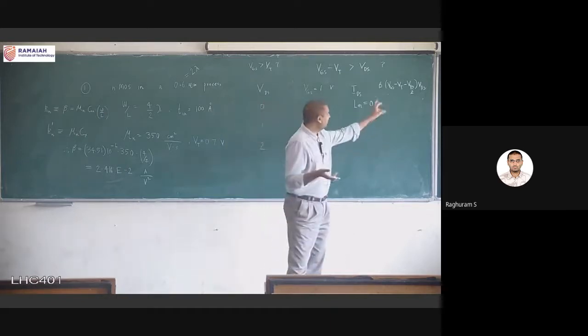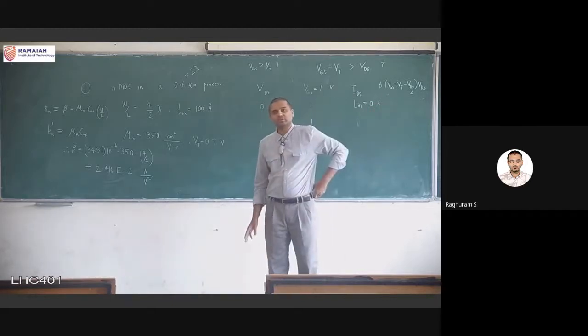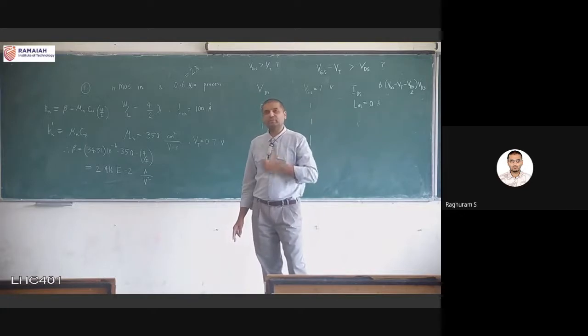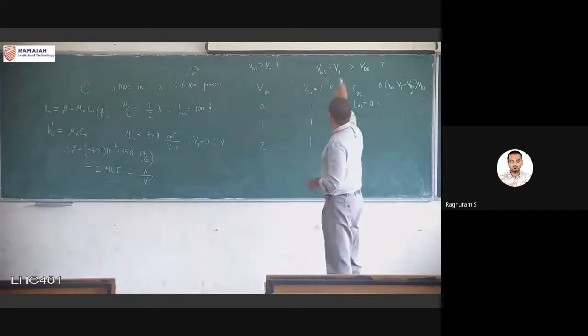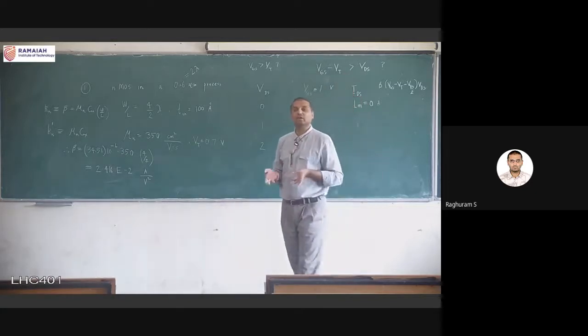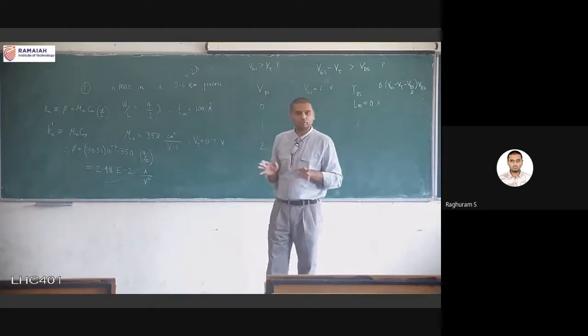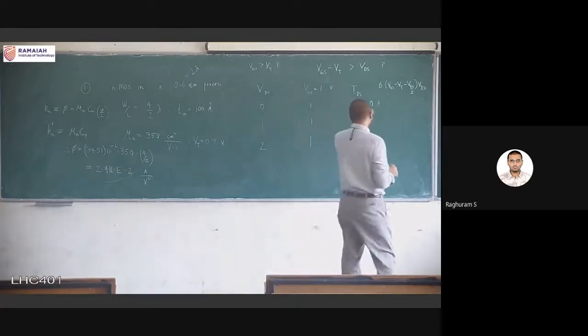But here, since VDS is in the equation, VDS equal to 0 means current equal to 0. The thing to remember is, if VDS equals 0, you will never satisfy the saturation condition. So you can never have VDS equal to 0 and the transistor in saturation mode. So we don't have to worry about that. This is the first case.